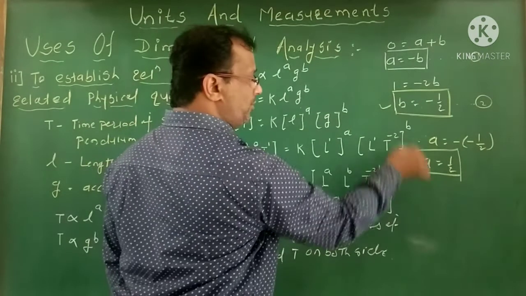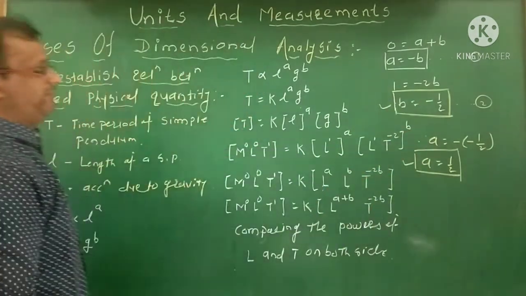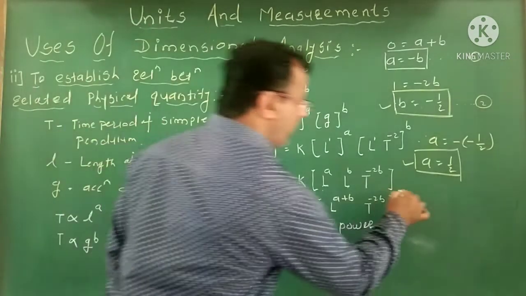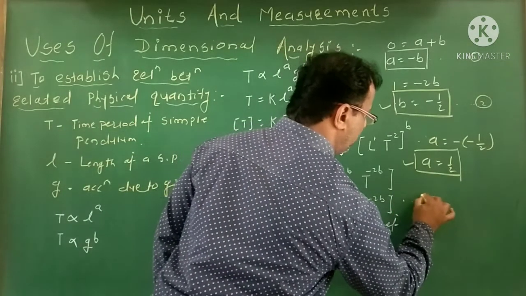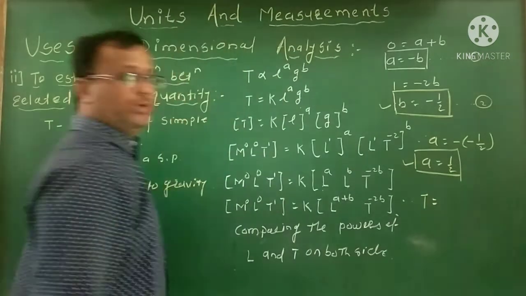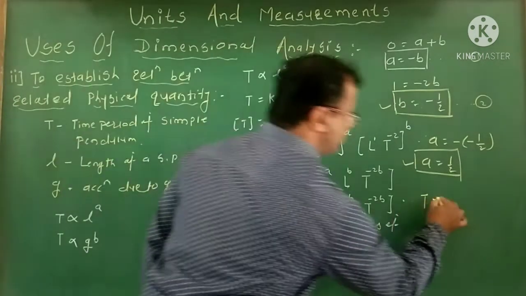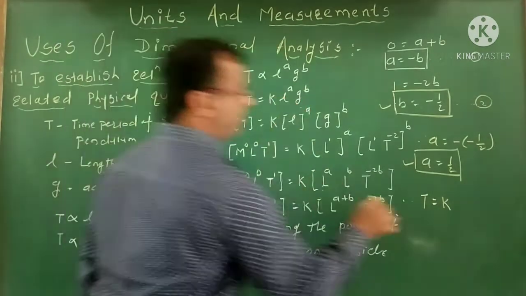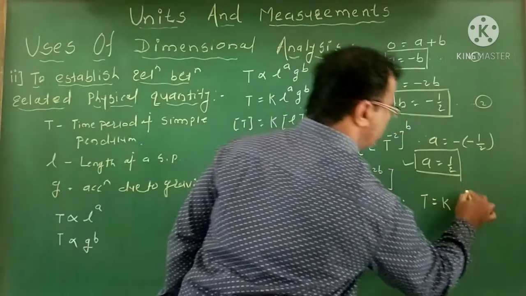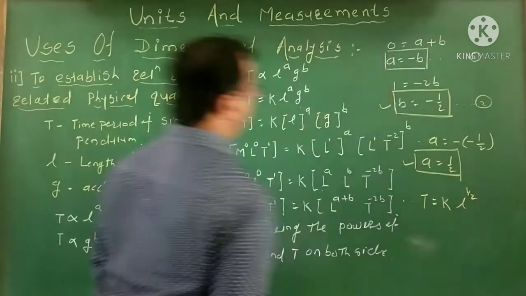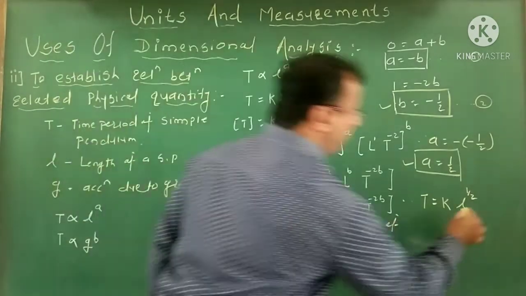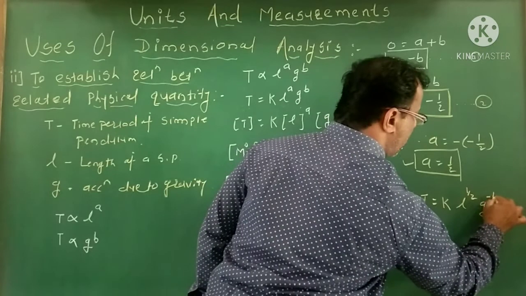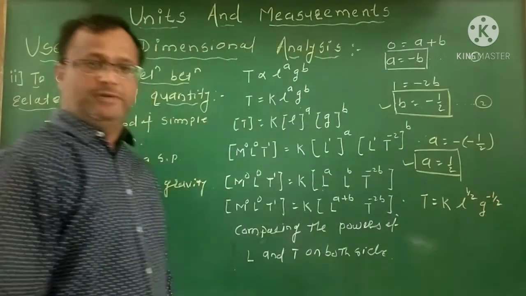Now substitute these two values in this equation. Which one? In this equation. So what do we get there? Therefore T is equal to K as it is, then L raised to a, but here the value of a is simply half, and again g raised to b, but here the value of b is minus half. So keep as it is. Right?